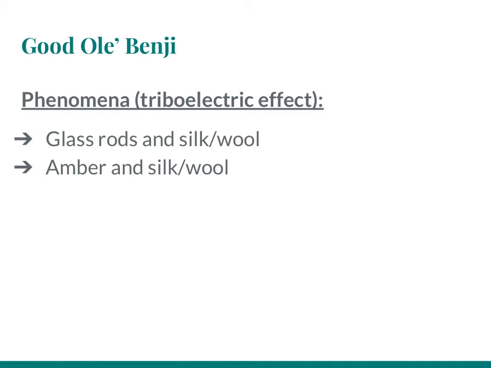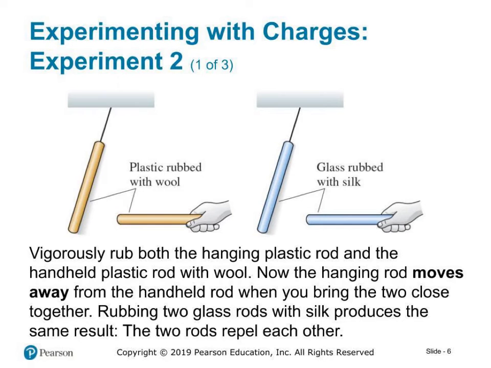And we're going to determine the same things that he did about charge based off of the following experiments. The first experiment we're going to look at is when you rub two of the same thing with wool or silk or some sort of fabric, what happens when you put them together.